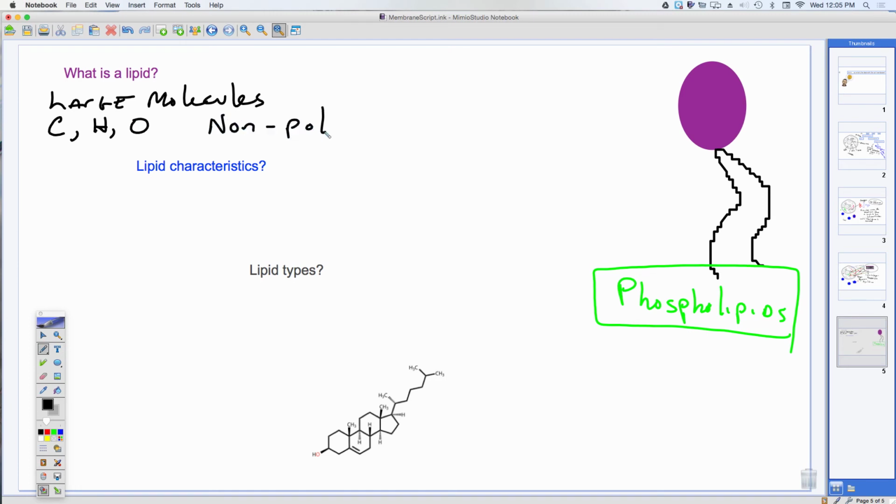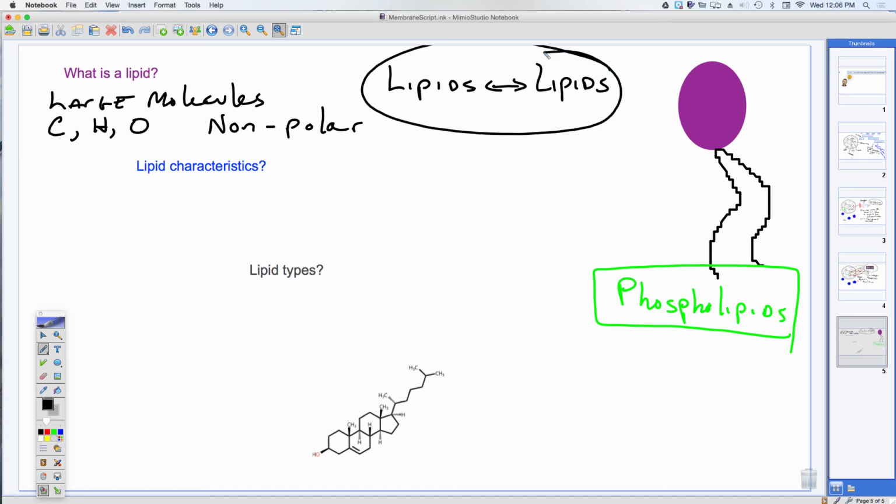Unlike water, they are non-polar. And because they are nonpolar, they do not mix with water. They separate from water. Lipids are attracted to lipids. So they love each other.